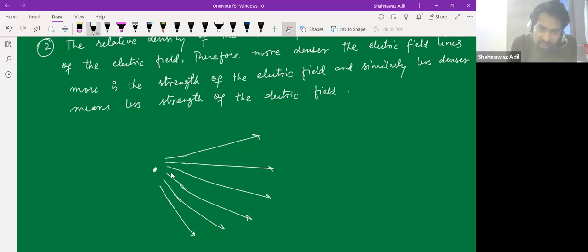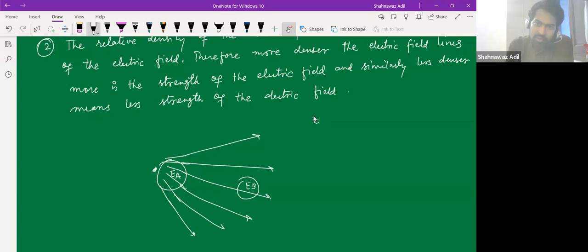If I'm calculating the electric field at this point, and if I'm calculating the electric field at this point, in this region and in this region, how many electric field lines are there in this region? This is relatively denser, right? There are one, two, three, four electric field lines here, and we have only one electric field line there. So which electric field would be higher and which would be less, strength-wise?